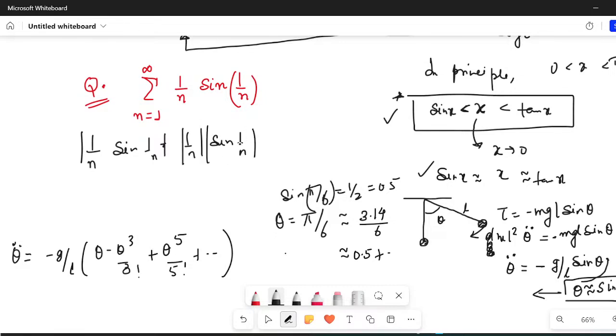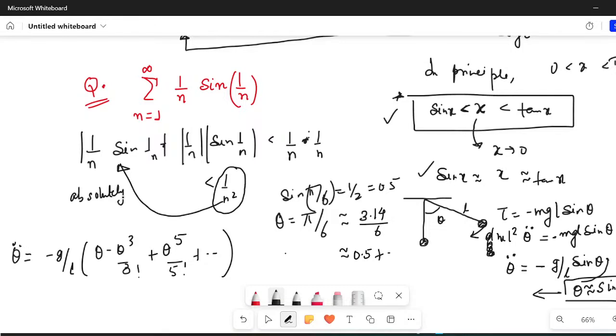If I write this as theta, this is less than 1 upon n into 1 upon n, because whether you write mod of sine 1 upon n, are you getting my point? So this is 1 upon n square. Since 1 upon n square is convergent, it implies this series is absolutely convergent.